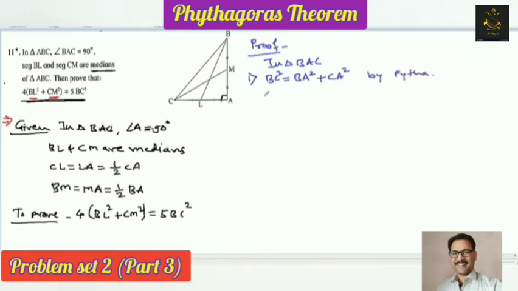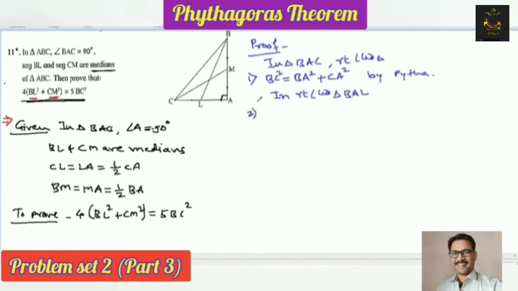Now in which triangle now? This is a right angled triangle. Now again we'll take BAL. In triangle BAL, this is important part here, in right angled triangle BAL, here also apply Pythagoras.